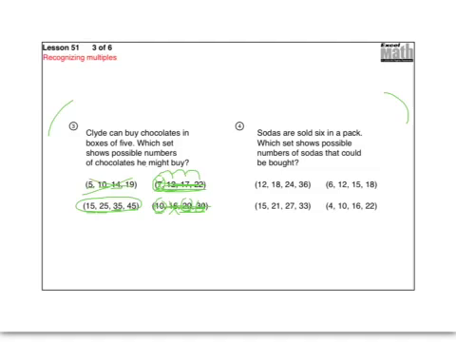Okay, number 4, we're looking at a 6-pack of sodas. Can you buy 12? Yes, 2 packs. 18, 3 packs. 24, 4 packs. 36, 6 packs. So that one works right off the bat. Here's one that would fake out some of you because 15 plus 6 is 21, plus 6 is 27, plus 6 is 33, but you can't buy any of those in packs of 6.